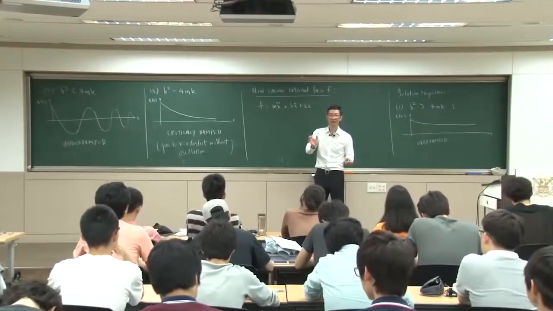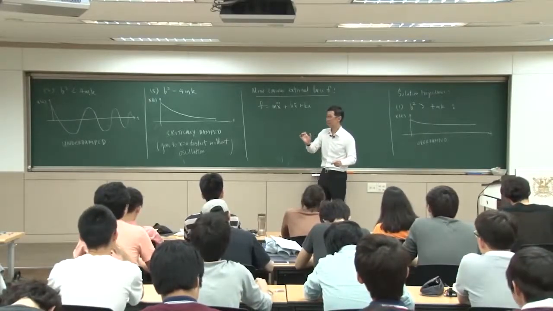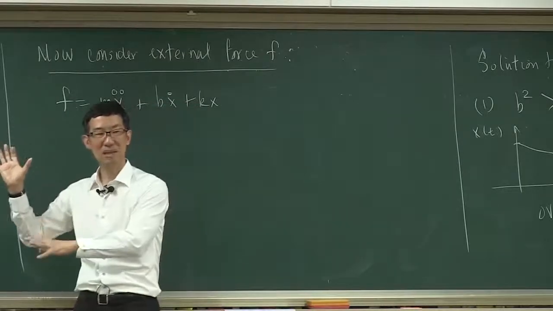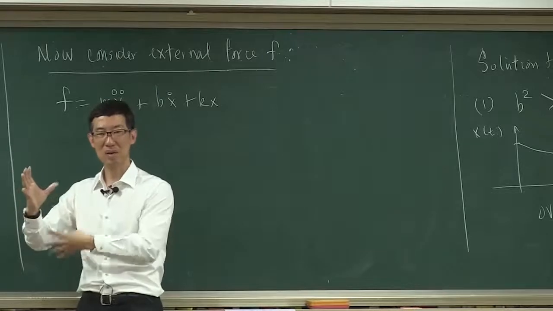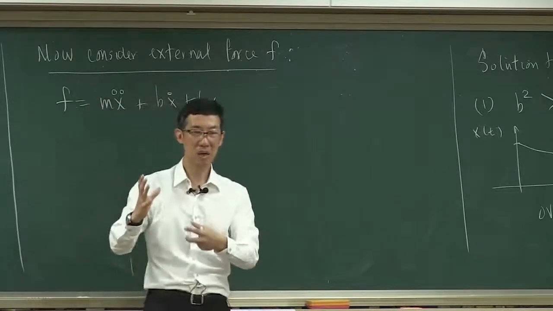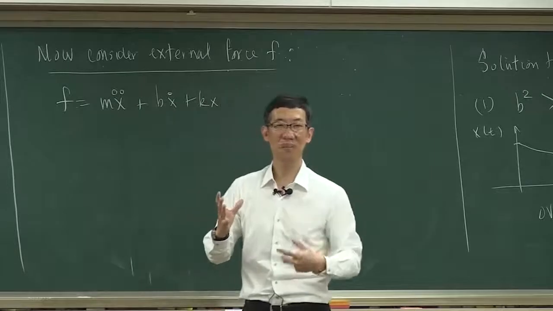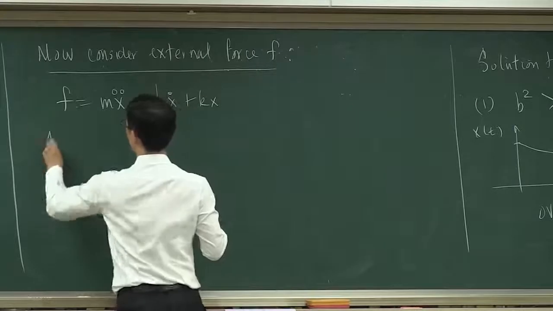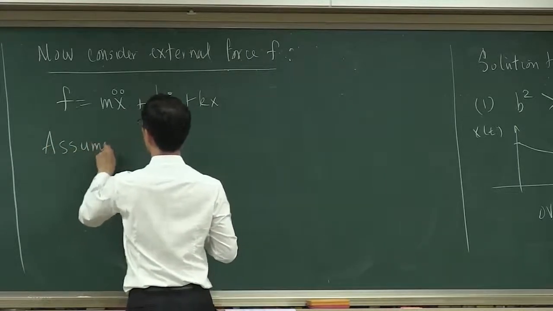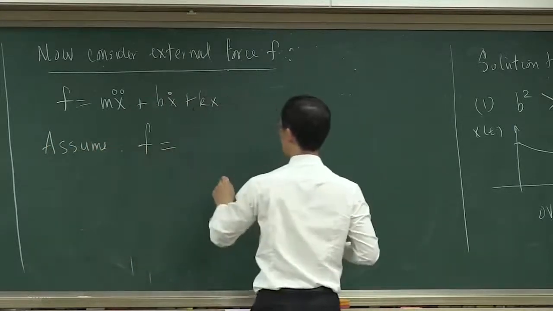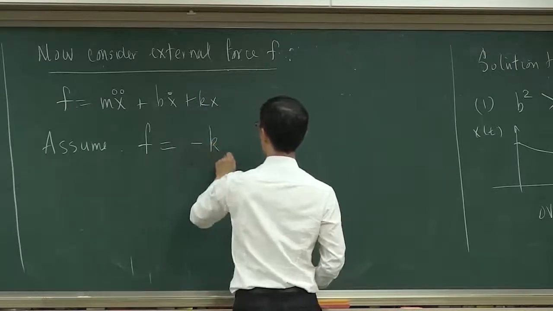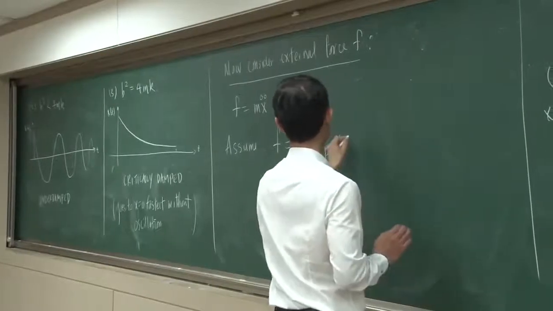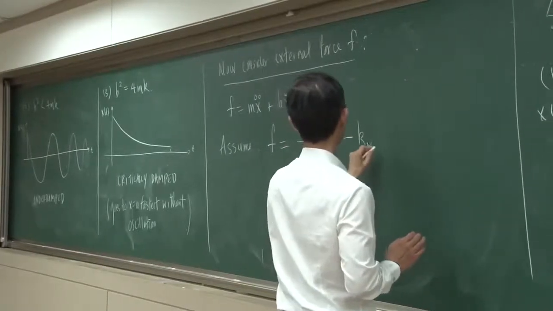But let's also say that, for the same reasons that we discussed at the beginning of the class, unmodeled dynamics, uncertain model parameters, and so on, we want to use feedback control. So we're going to assume F is of the following form: minus Kp times x minus Kd times x dot.